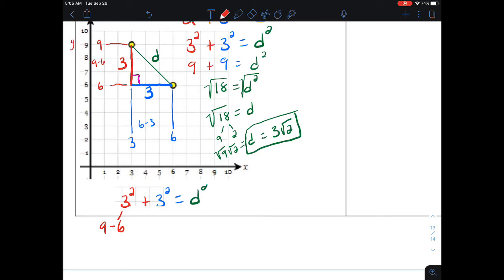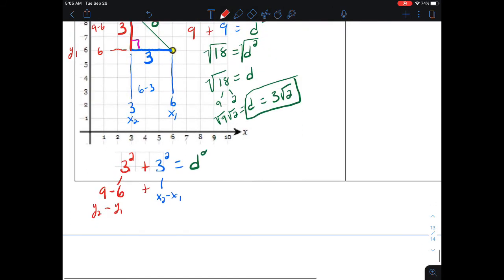So I have y2 and y1 here. So I have y2 minus y1, and then plus, and then the other 3 was created by the subtraction of my 2 x numbers, which I have x2 and x1 here. And so the blue was x2 minus x1.